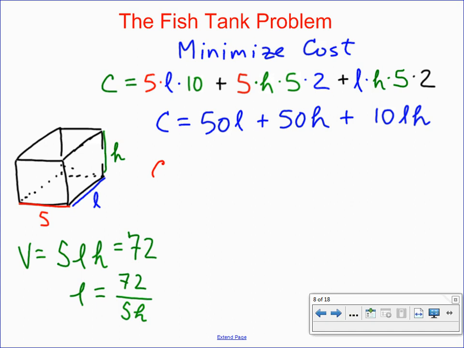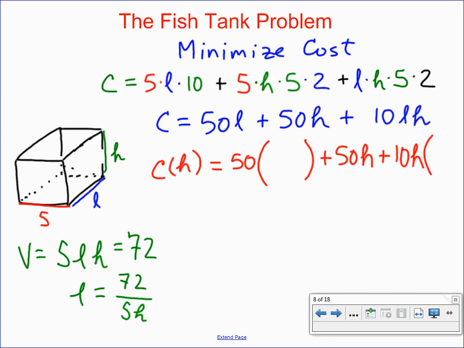So here we go. My cost as a function of the height of my aquarium H is given by 50 times 72 over 5H plus 50H plus 10H. Oh gosh.